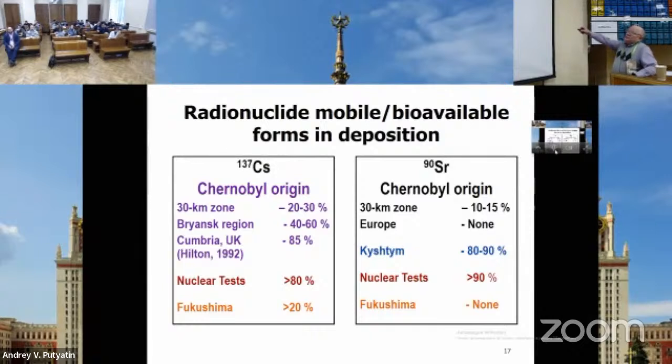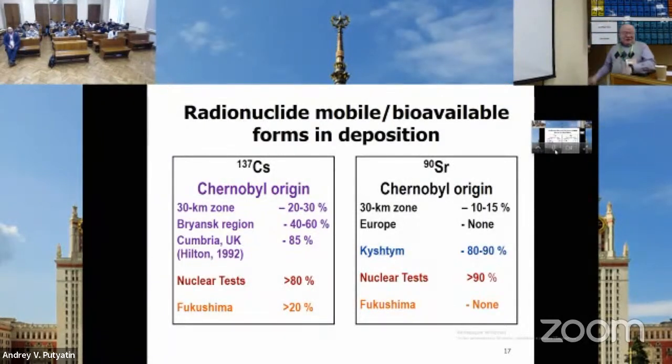In the case of Kyshtym, we had liquid radioactive waste, and 80 to 90% of strontium-90 was in mobile bioavailable forms. The situation was similar for global fallout after nuclear tests: more than 90% of strontium-90 was in soluble forms. In the case of Fukushima, there was no strontium-90 released.